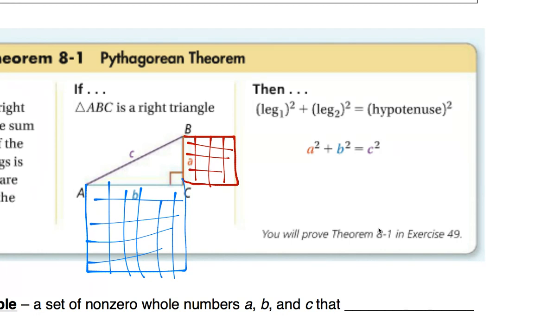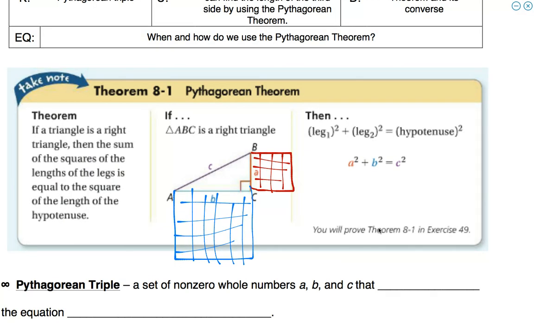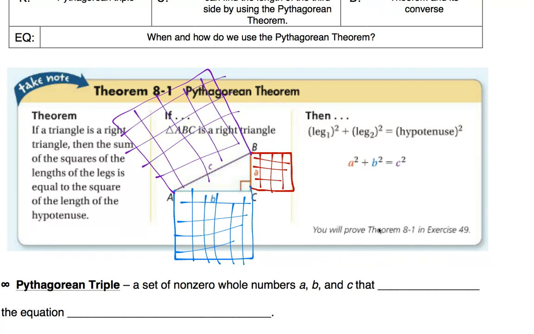All the red and all the blue little squares will come together and be the perfect amount of squares needed to fill up the area of the square made from side C. So this is a C by C, this is a B by B, and this is an A by A square. And essentially that's how it works out.